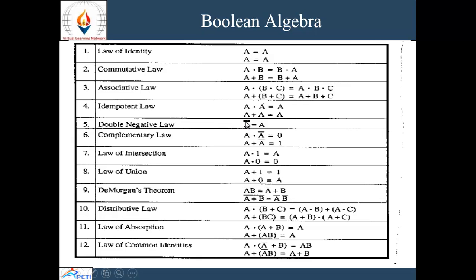It means if there is double negation or double complement, then the complement will be cancelled by another complement, and A double complement will be equal to simple A.